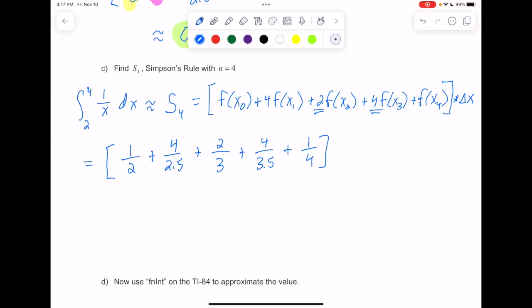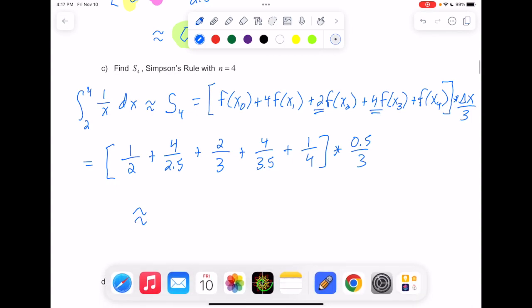And a little mistake I made up here, it's not delta x, it's delta x over 3 when you're doing Simpson's rule. It has to do with countering those extra multipliers of 4, which are going to make things bigger, right? Somehow the over 3 balances that out. So sorry for forgetting that, but we got it back in there just in time. So now times delta x 0.5 divided by 3, and then we're going to go to the calculator and see what we get for this one.